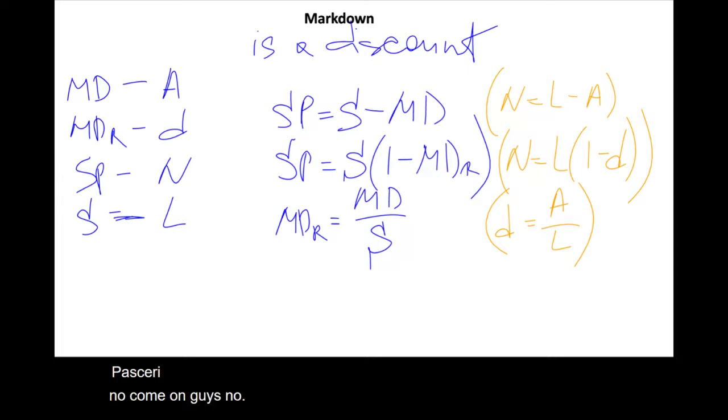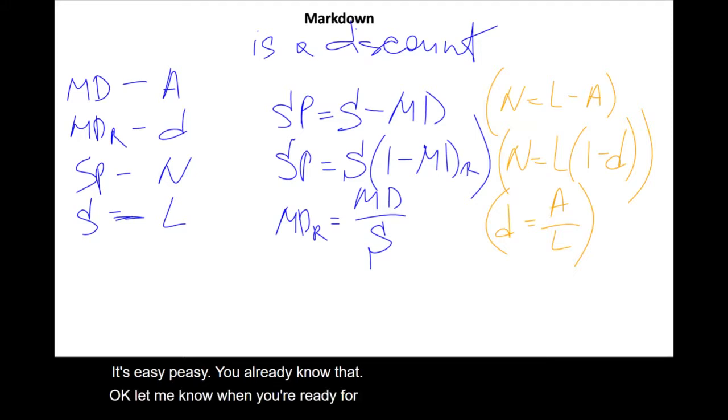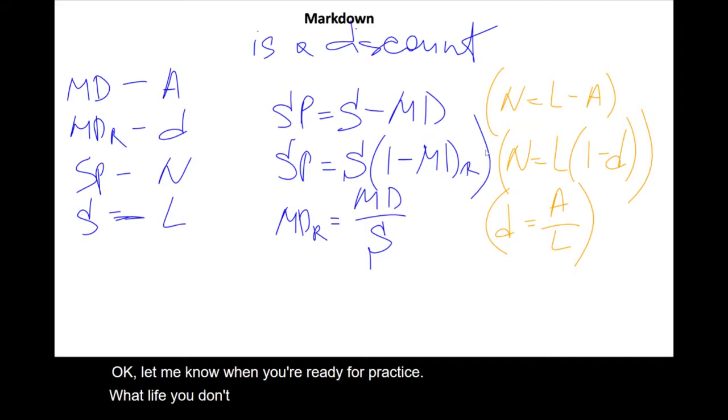It's easy peasy. You already know that. Okay, let me know when you're ready for practice. We started chapter 6 with that. Discounts, discount rates, 1 minus D, net price factor, and stuff like that.